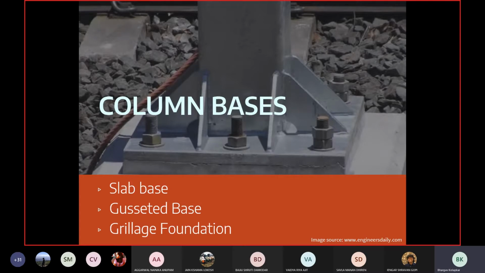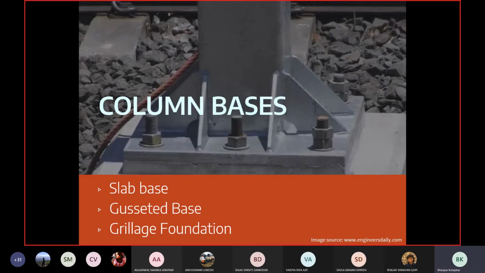We are going to look at it, and even while using a grillage foundation, we cover everything with concrete. So it's not really a steel footing. The structural mechanism is in steel, but still we need a lot of concrete to make sure that steel does not corrode.